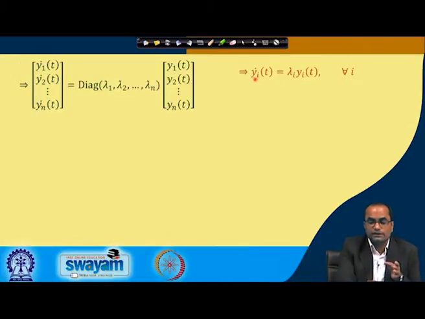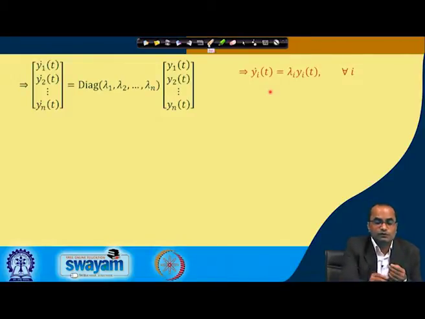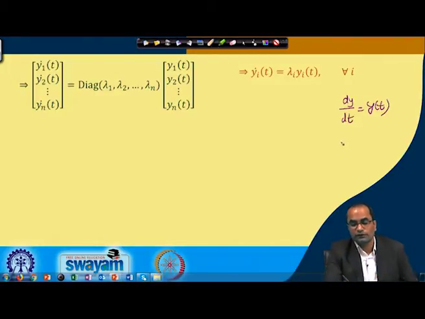For instance, the first equation has only y1, the second only y2, the third only y3. A single equation of the type dy/dt equals lambda y is one we know how to solve, and the solution is y equals some constant times exponential of lambda t.